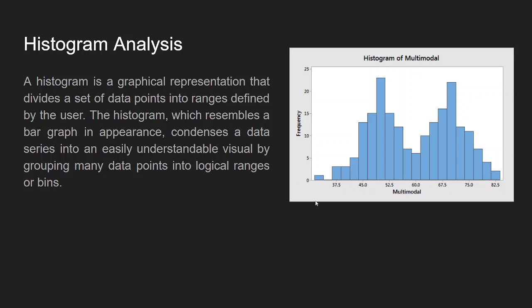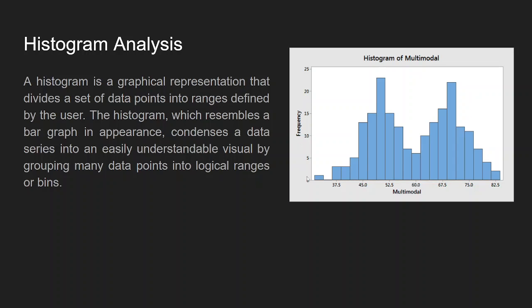Here the data points are divided into ranges, from 0 to 37.5, then 45 and 52.5. They were defined by the user, and the frequencies are in intervals of 5: 0 to 5, 5 to 10, and 10 to 15.